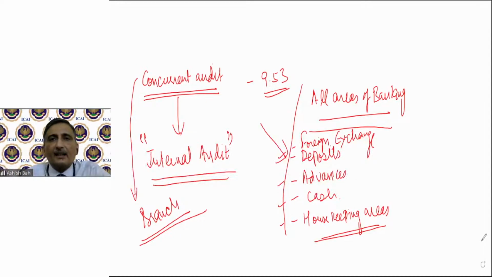Students, clear to you, concurrent audit is taken up at the level of the branch. The concurrent auditor gives his report relating to the working of a branch, and this report is usually given every month.